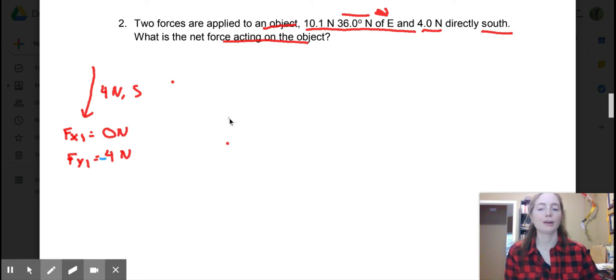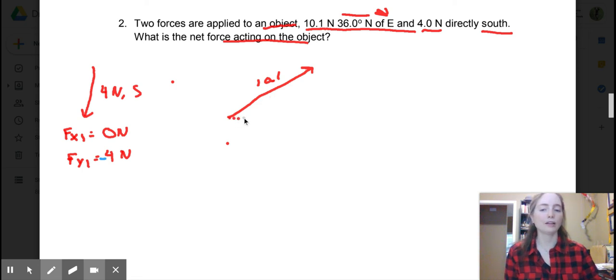Okay, now I'm going to look at my next vector here. So my next vector is going 36 degrees north of east. So my vector 2, I'm going to make it nice and big so it's easy for me to draw on. I've got 10.1 newtons here. It's going north of east.